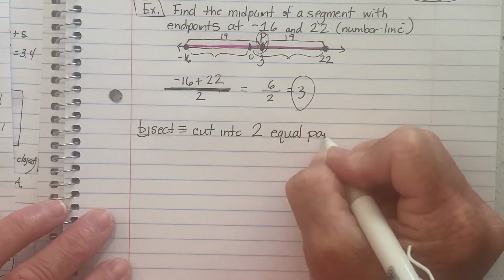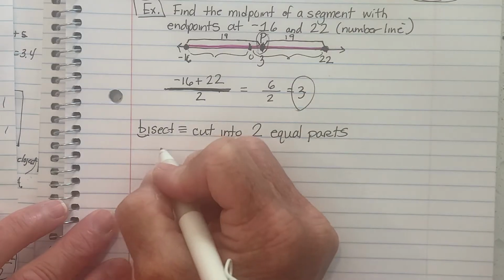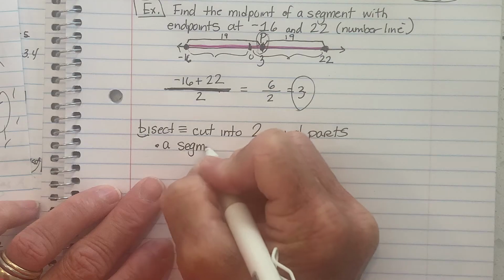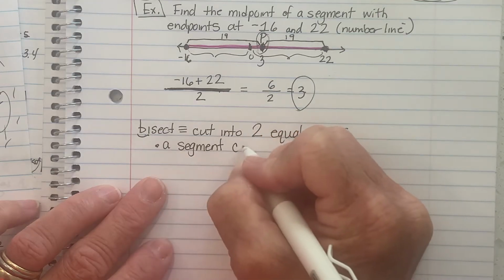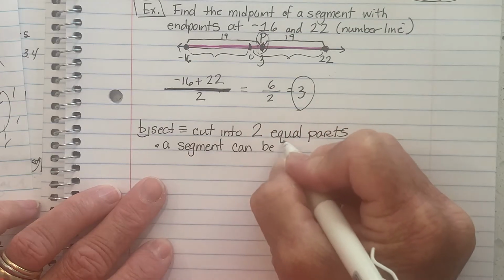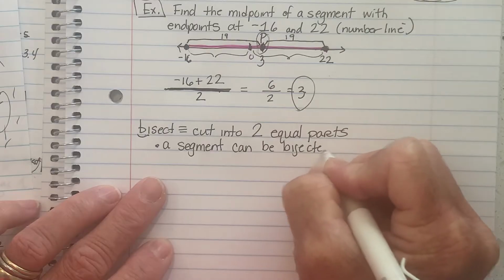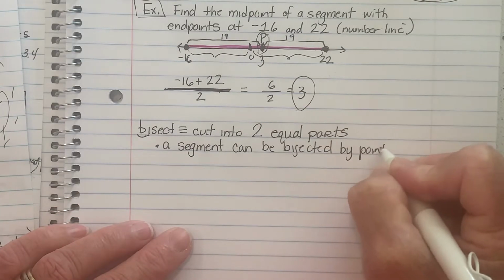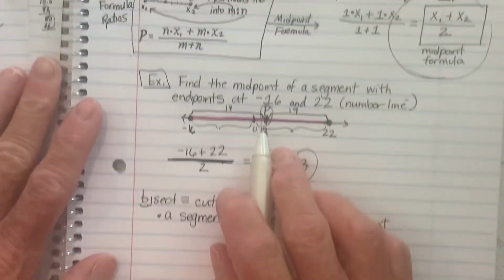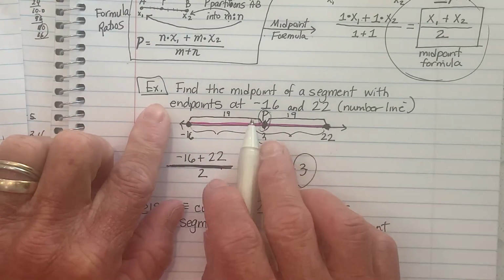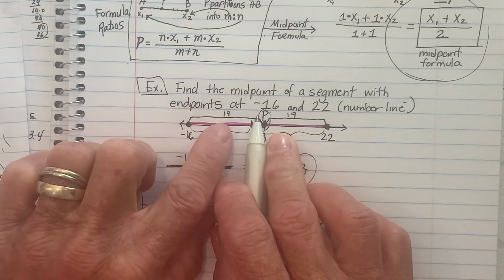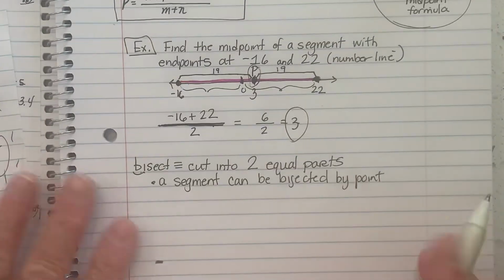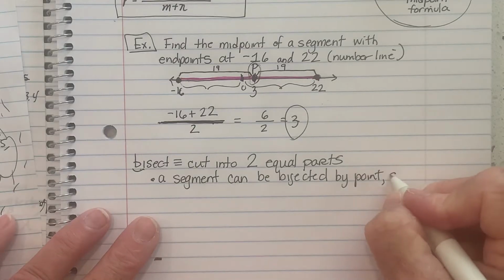So if you have a segment, it can be bisected by a point, like we saw in this example we just did. P bisected that segment. When we placed point P on that number line, it split that segment into 2 equal pieces. It can be bisected by a point.